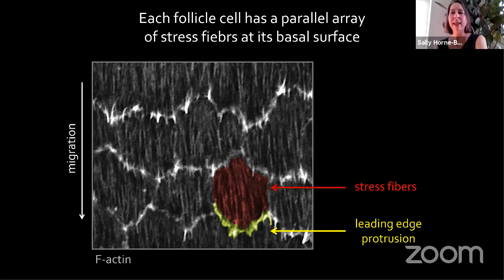And in the same way that these protrusions are all oriented across the tissue, these stress fibers are in a beautiful array across the tissue and oriented in that direction of tissue movement.